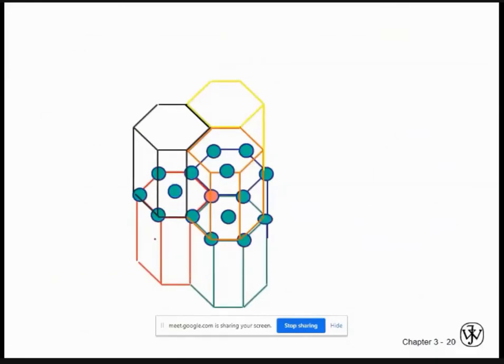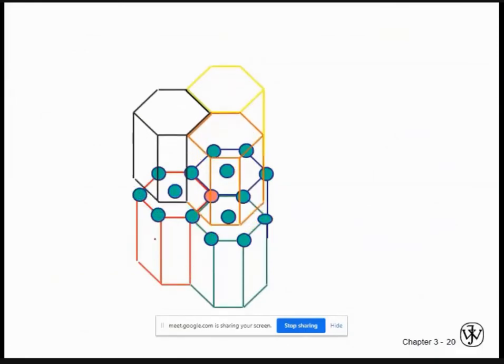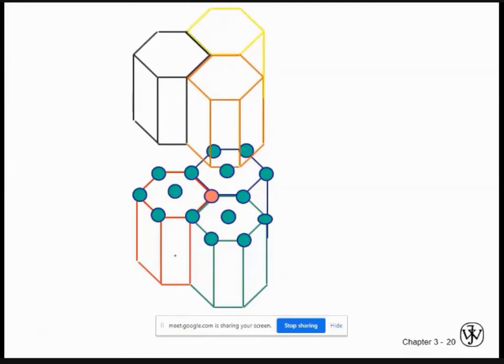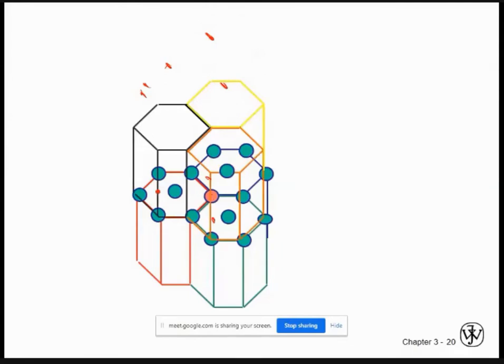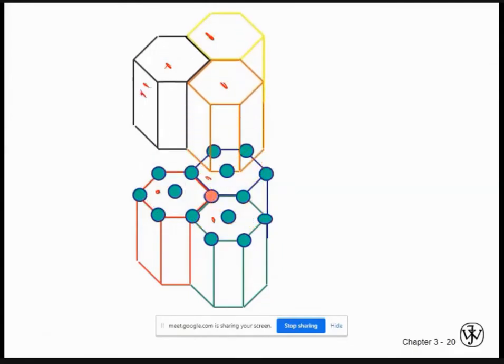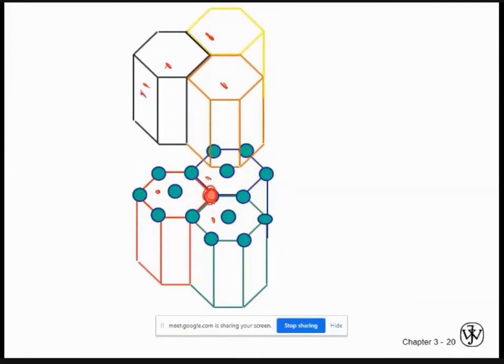You see, I have tried to draw here 6 hexagons, 3 underneath, 1, 2, 3 here, and 1, 2, 3 here, 6 in total. And if you see, this red atom is actually, sorry, here I will show you how many atoms per unit cell we have.